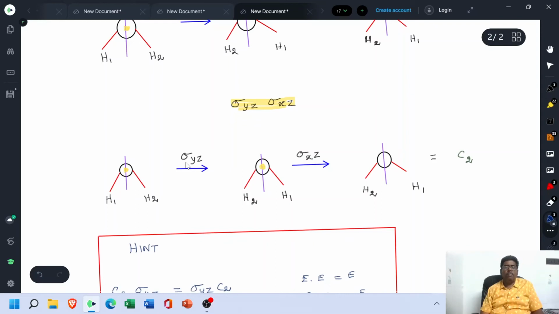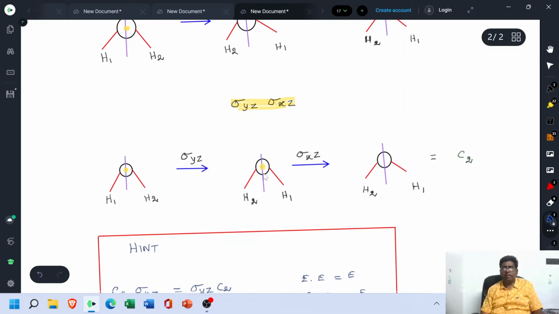We have to perform the sigma YZ operation, which means the reflection through the vertical plane. If you perform the reflection through the vertical plane, these two hydrogen atoms are interchanging their positions. H1 and H2 are changed as H2 and H1. However, there is no change in the phase of the oxygen.